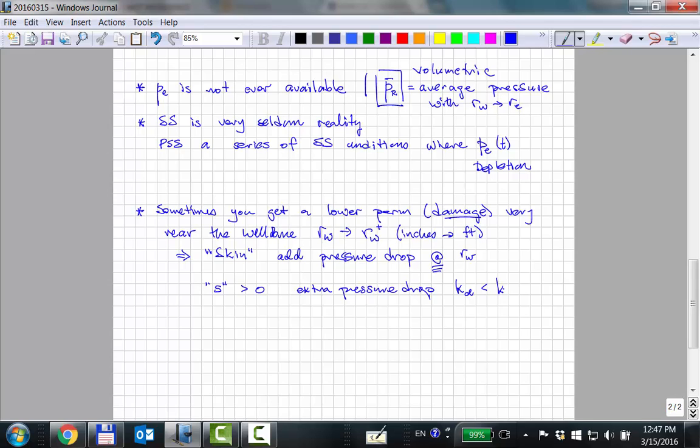And when you do that, you may even make things better. You may make the permeability higher, so there is less pressure drop than you would have otherwise. Here we're not going to call it damage, we're just going to call it stimulated, where the permeability is greater than the original permeability.